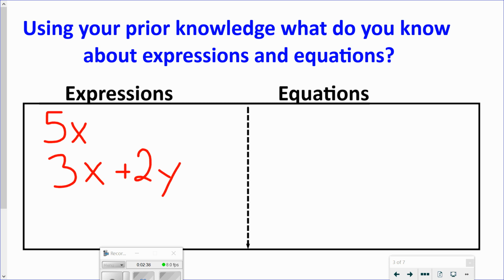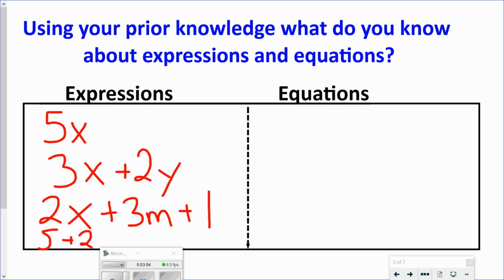I can also have 2x plus 3m, the variable doesn't really matter, plus 1. So you can have a mixture of constants and variables with coefficients, or an expression can even just be a term with just a number. So 5 plus 2, that's an expression too. It's just not an algebraic expression. The ones with variables are algebraic expressions.